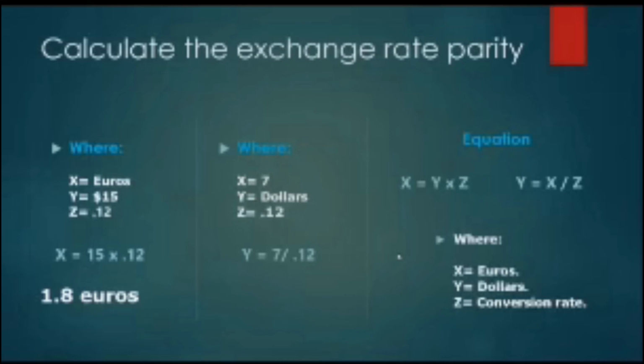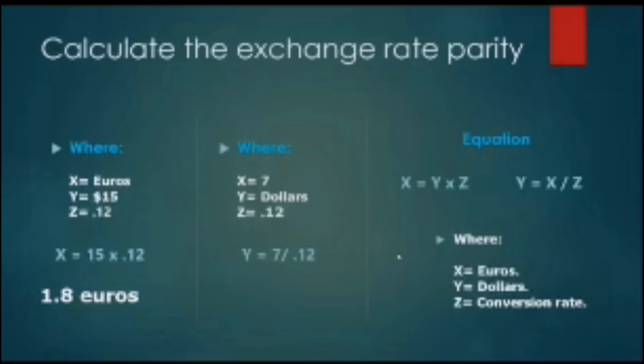The second one is different. If we want to know how many dollars we need to deliver to obtain 7 euros, we are going to use the second formula.